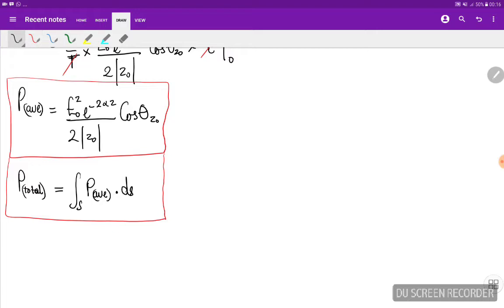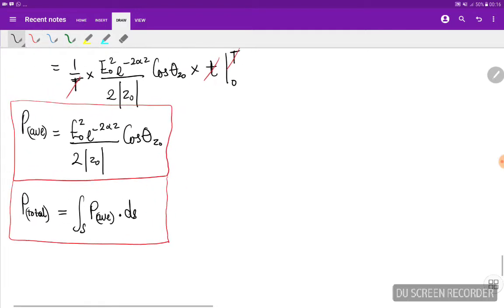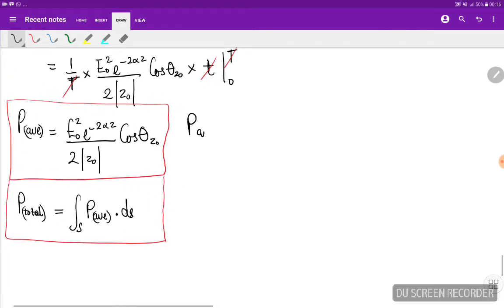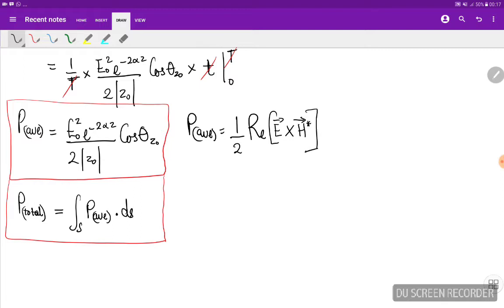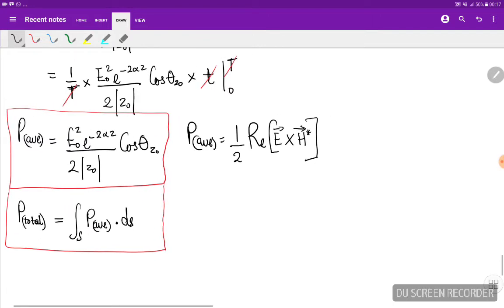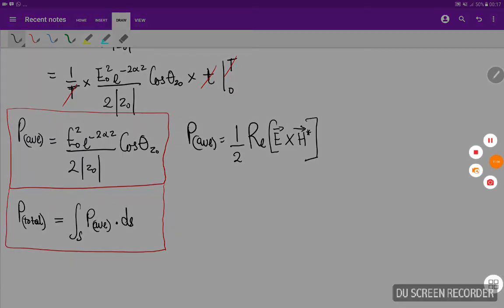Although our P average is also equal to 1/2 real of E cross H star. Now you see that H star is the conjugate of H, but I guess time has run out, so we may not be able to cover that.